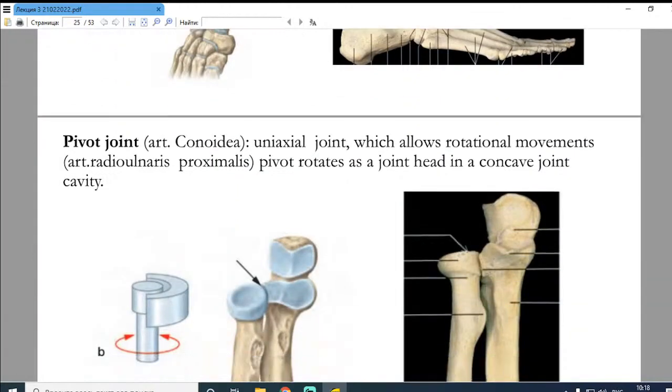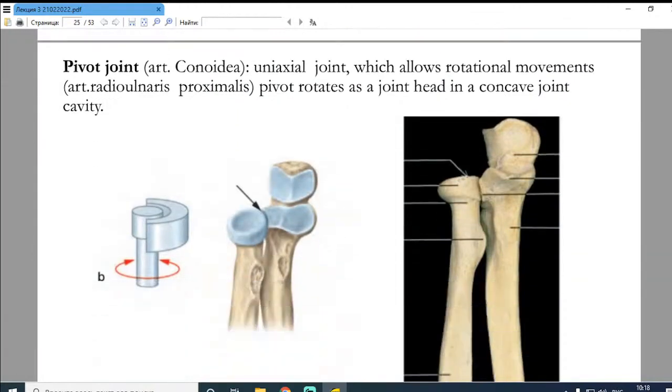Next, pivot joint, a uniaxial joint which allows rotational movement: articulatio radioulnaris proximalis. You see, this is the incisura, this is the articulatio circumflexa.